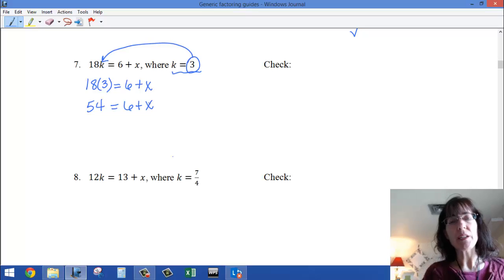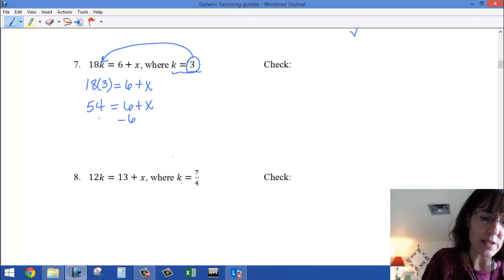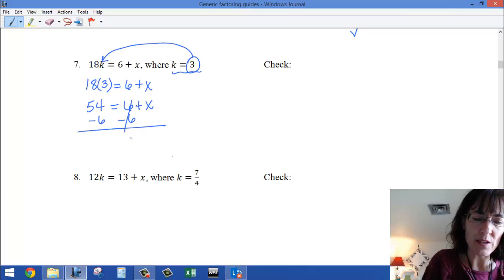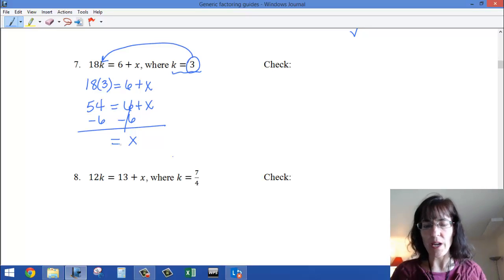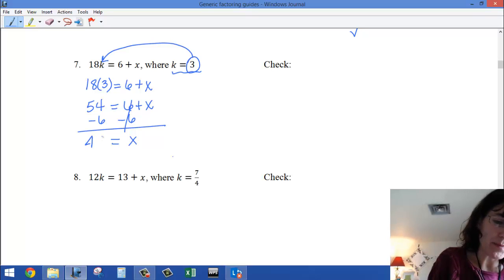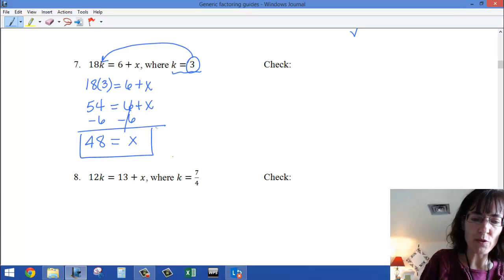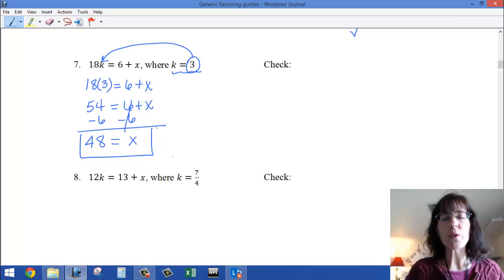Now I want the x by itself, so I want to go ahead and subtract this 6 from both sides. And 6 and negative 6 on the right just gives me 0, so I have x plus 0, or x. 54 minus 6 gives me 48. Okay, and then to check, that's my solution. Remember, you can write it x equals 48 or 48 equals x, means the same thing.